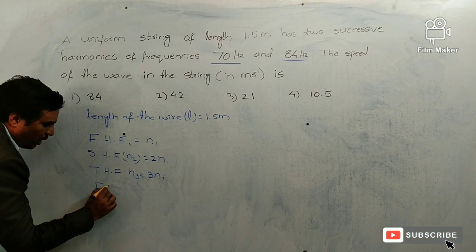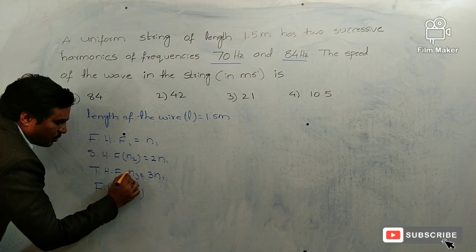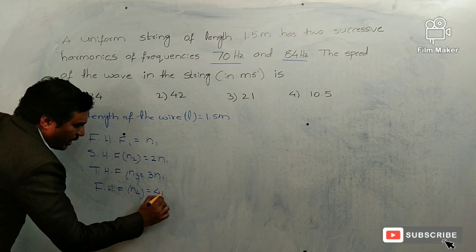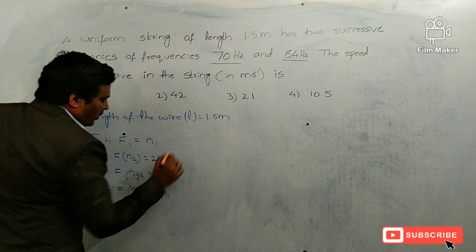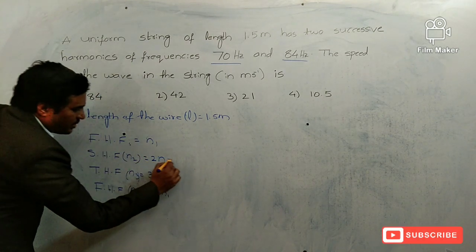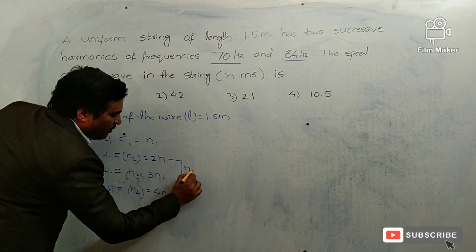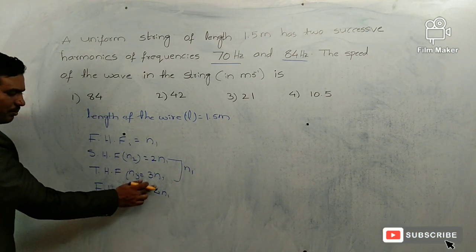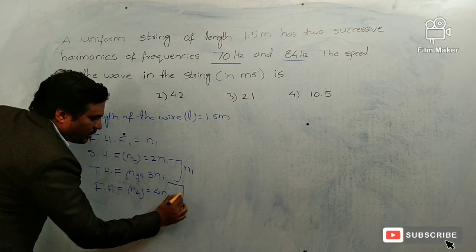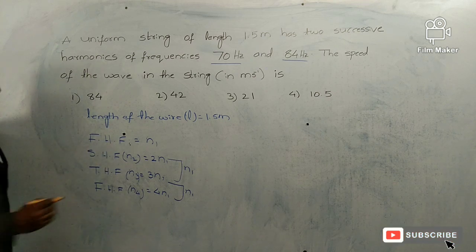Similarly, the fourth harmonic frequency, N4 equals 4N1. So what is the difference between successive frequencies? It is 3N1 minus 2N1, that is N1, and 4N1 minus 3N1, here also it is N1 only. It equals the first harmonic frequency.